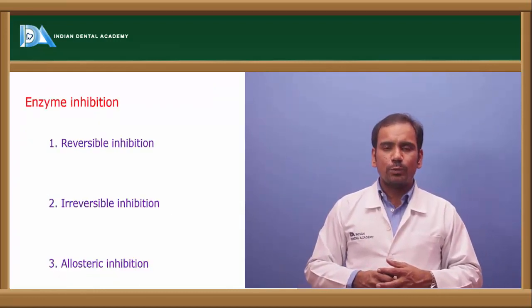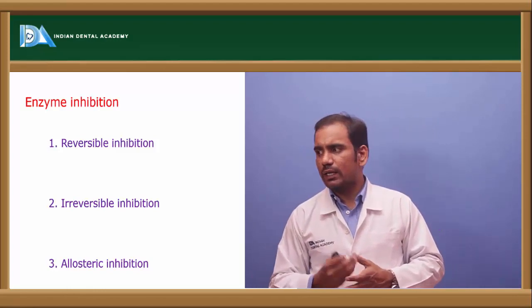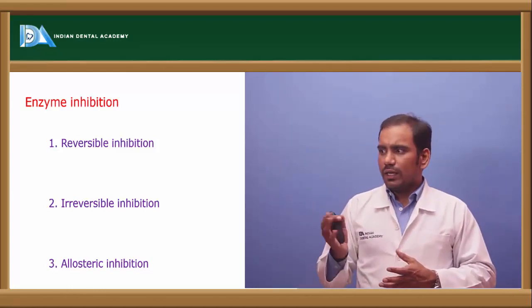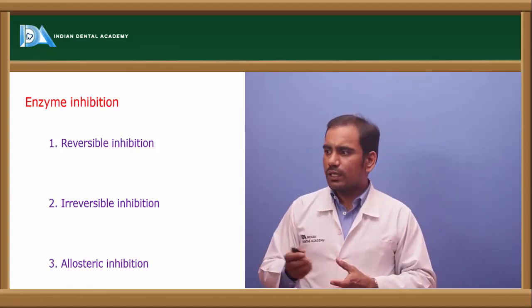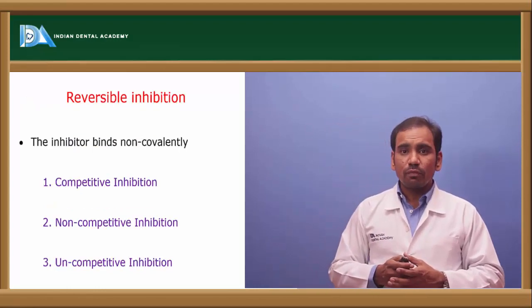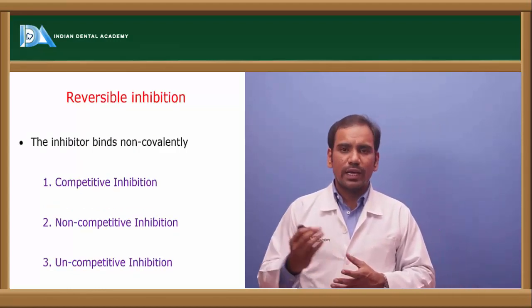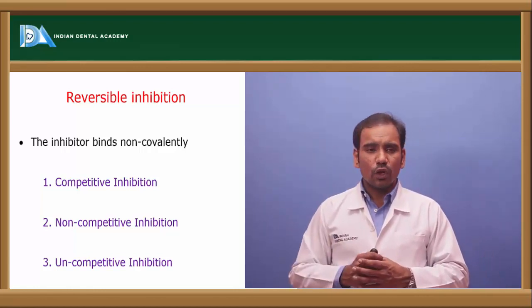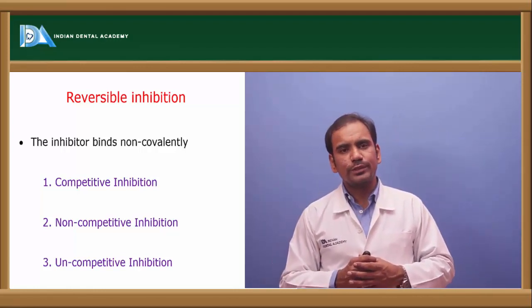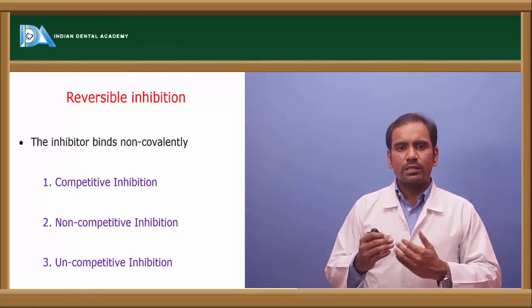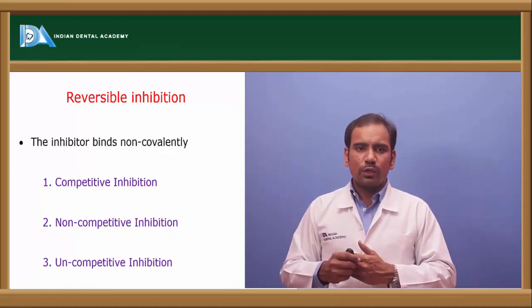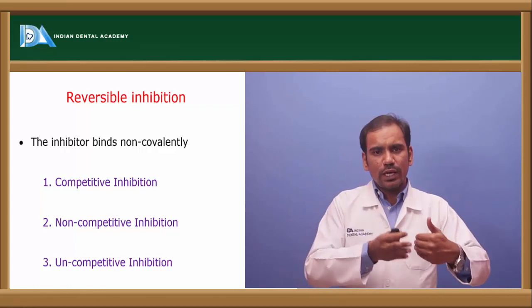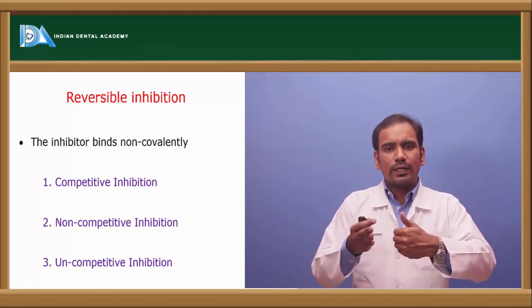Coming to types of inhibition, we have reversible inhibition, irreversible inhibition and allosteric inhibition. In reversible inhibition, again we have different types: competitive inhibition, non-competitive inhibition and uncompetitive inhibition. Basically in reversible inhibition, the inhibitor binds to the enzyme by non-covalent bonds.